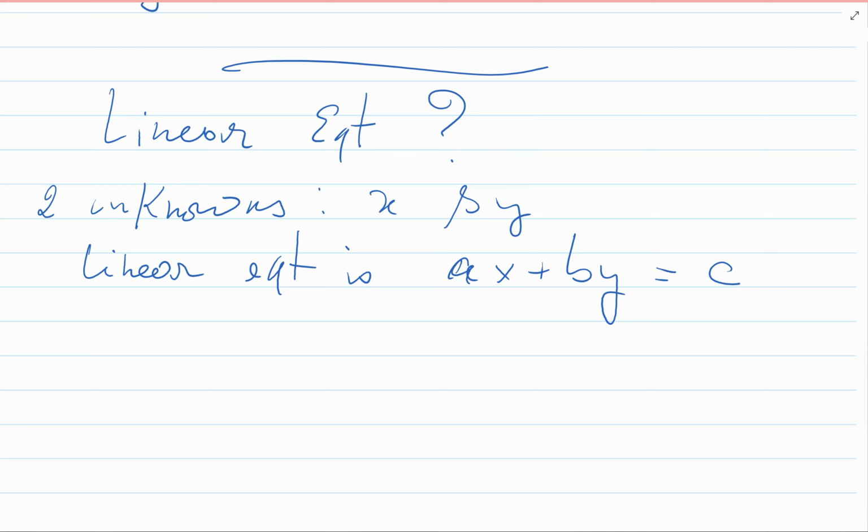There are different types of equations, but I'm talking about the general one, because if you take, for example, the slope equation, once you use the slope, you lose the vertical lines. But in this form, you get all the lines on the plane. I'm assuming that a, b, and c are not all 0, otherwise, what's the point? If c is equal to 0, we say that the equation is homogeneous.